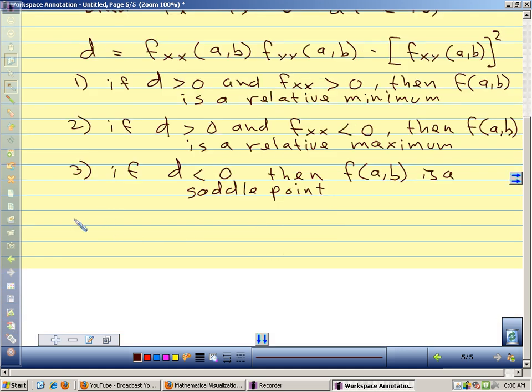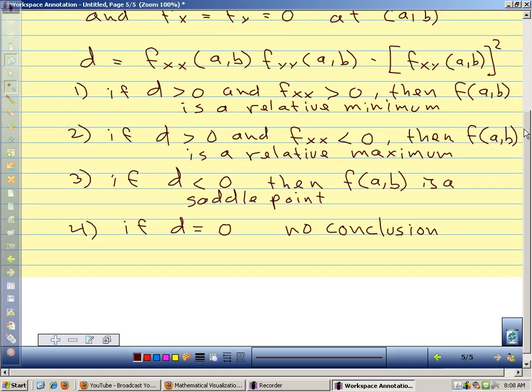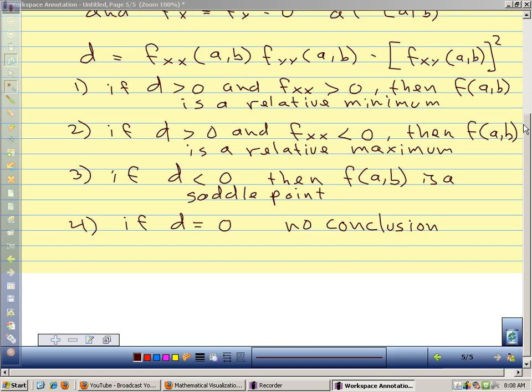And finally, our fourth condition, if D equals 0, we can draw no conclusion, and we would have to do some additional work. So this is our second partials test. This is how we determine if we have a relative maximum, a relative minimum, or a saddle point. All having to do with our various second partials.